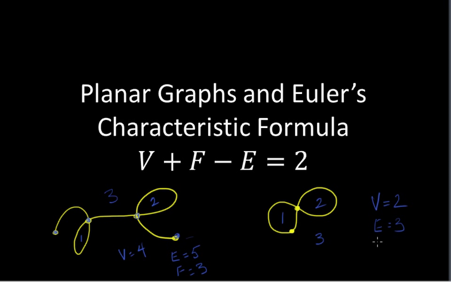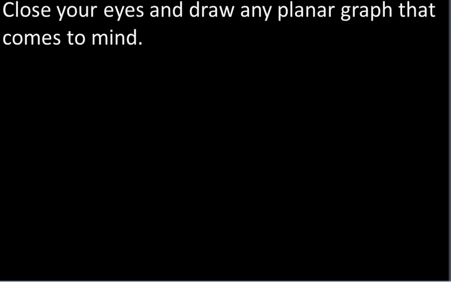So we would say faces is equal to 3. Notice, vertices plus faces is 5, minus edges, 3, is equal to 2. So this is just 2 examples of planar graphs, and you see that vertices plus faces minus edges is indeed 2. You might want to try this yourself just to be convinced that these planar graphs satisfy Euler's characteristic. We will prove it, but let's just try one more.